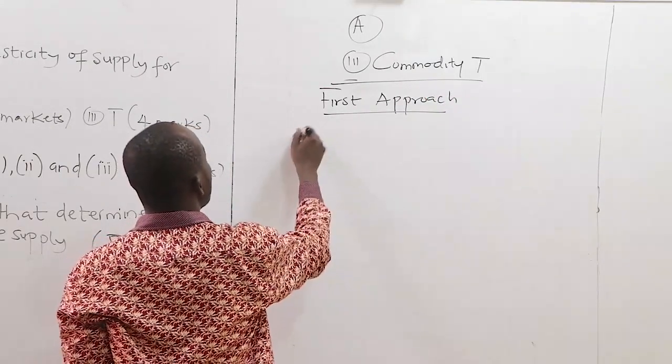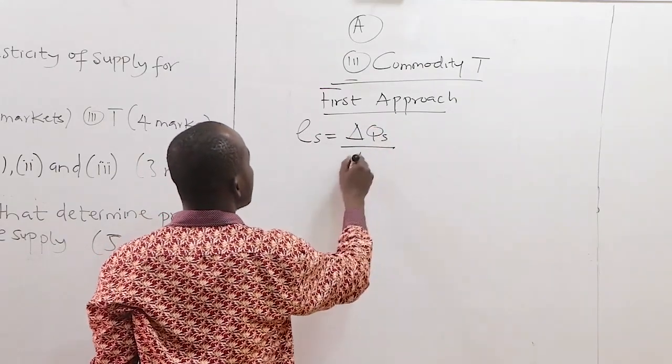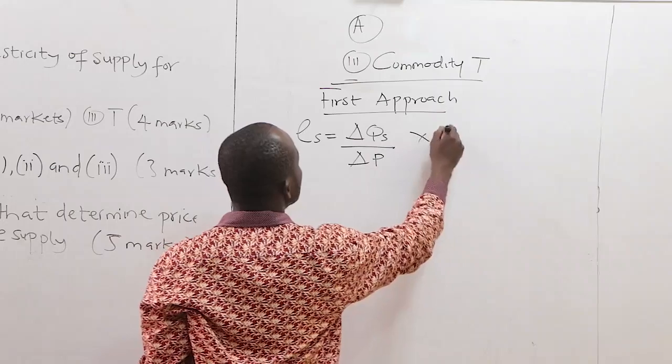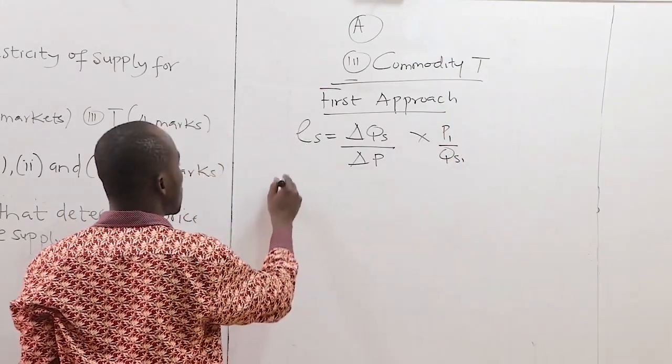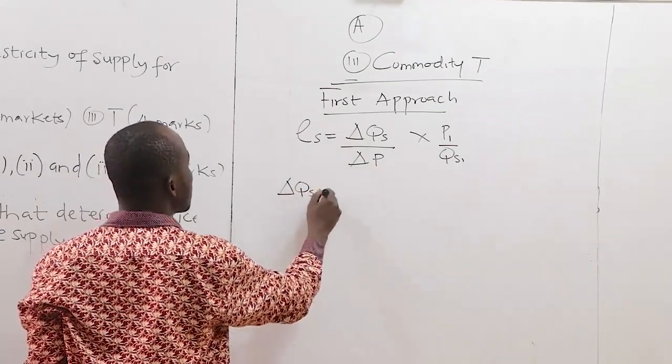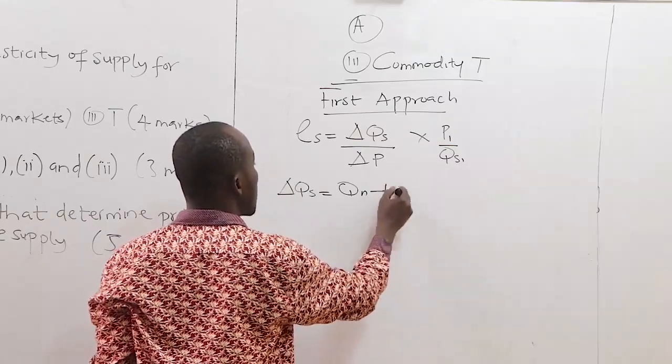What's the formula? Price elasticity of supply is equal to change in quantity supply over change in price, times initial price over initial quantity supply. We understand that the change in quantity supply is equal to the new quantity minus the initial supply.